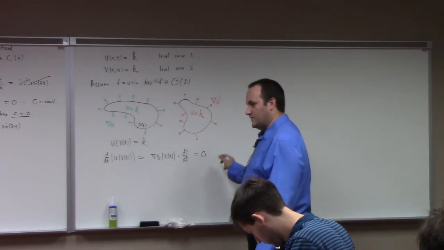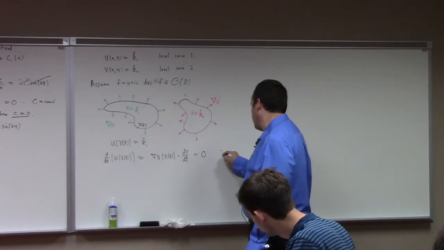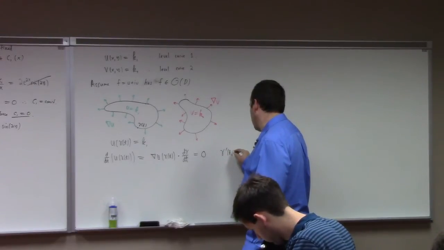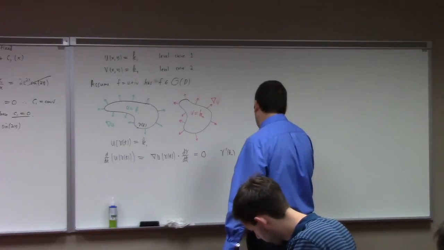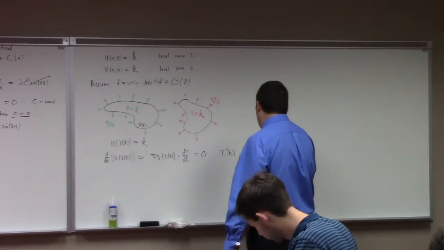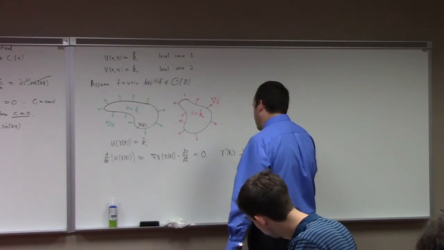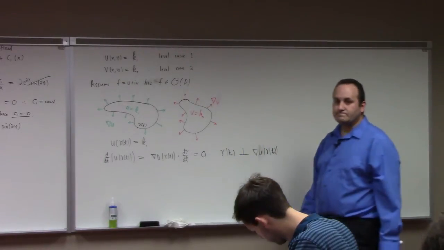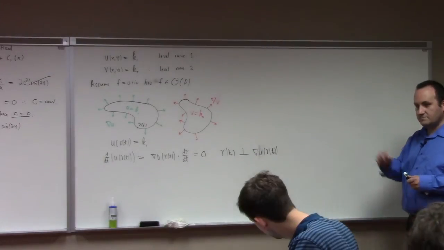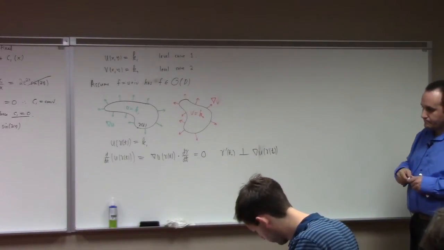Which goes to show you that the tangents are perpendicular to the gradient. Pick any point on the level curve, look at the tangent to a parametrization of the level curve as contrasted with the gradient at that point. They will be perpendicular. Chain rule, just that.